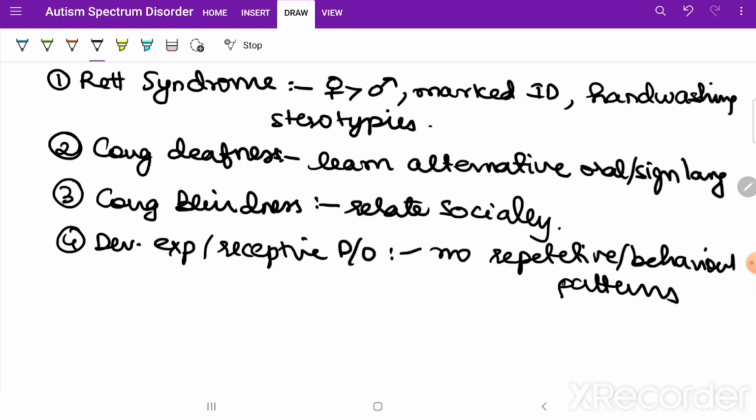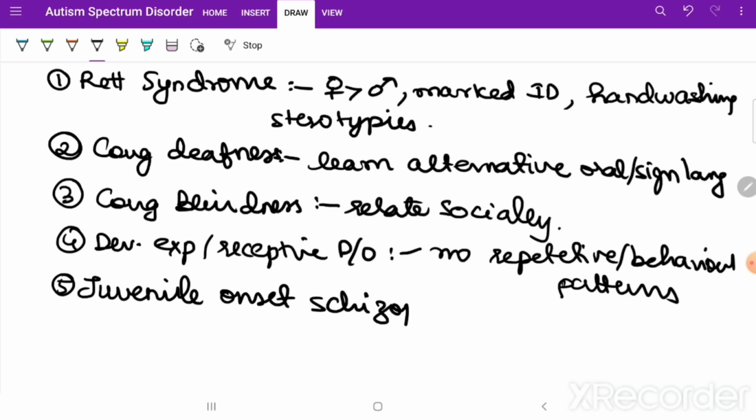Then next is juvenile onset schizophrenia, which is distinguished by hallucinations, delusions, and thought disorder.